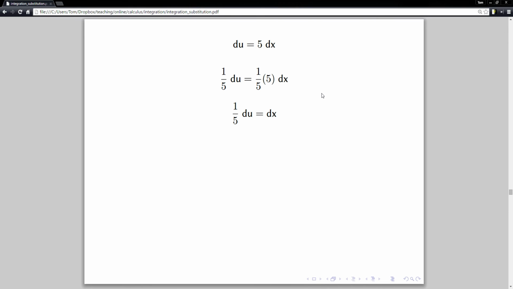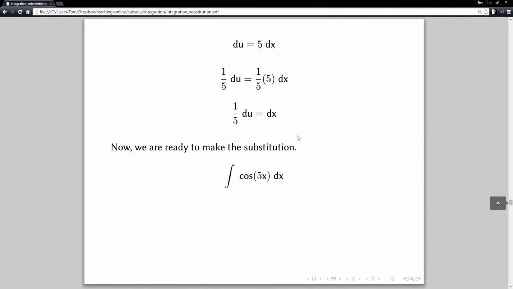So now what I have is dx exactly equal in terms of u over here. Notice there's just x's over here and there's just u's over here. If your du is off by more than just a number or a constant, then that's generally not a good sign. It may be a more difficult substitution problem, or maybe some other technique that you want to use on the integral.